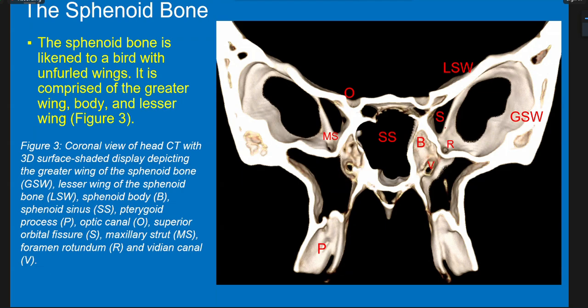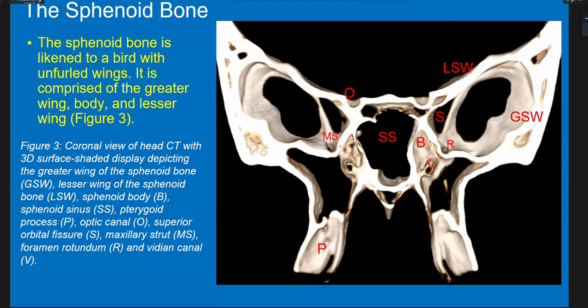So here's a coronal view. The important landmarks here, you have the optic nerve impression. This is the optic canal. You have the sphenoid sinus, and you have the superior orbital fissure, the foramen rotundum, and the Vidian canal at the floor of the sphenoid sinus.